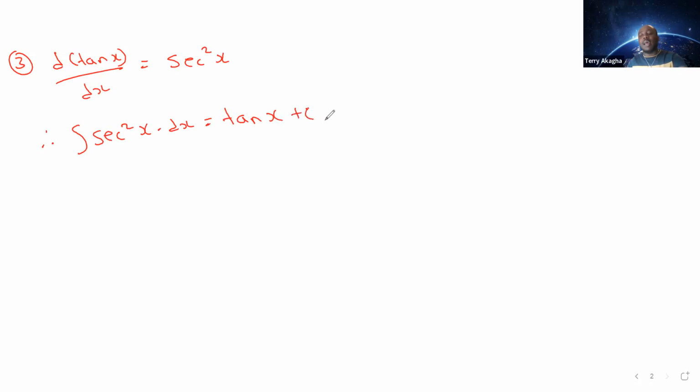All right? So with that in mind, I can now easily solve a question. Let's say I'm integrating 10 sec squared x dx. I bring out the constant, which is 10, and I have sec squared x dx. Now, when you integrate sec squared x, it's going to give you what? Tan x.